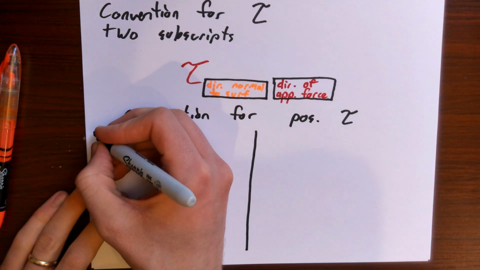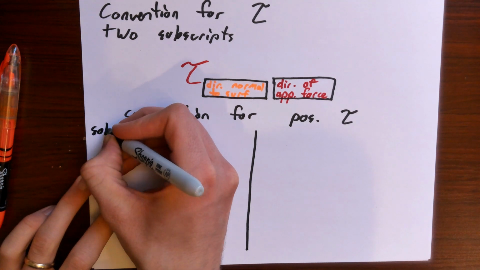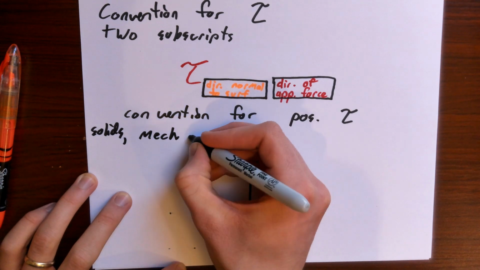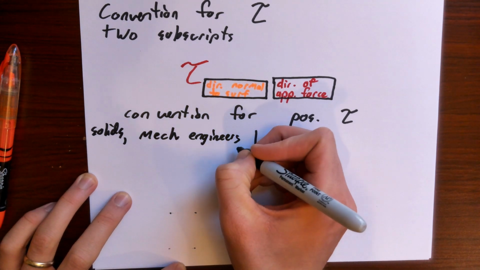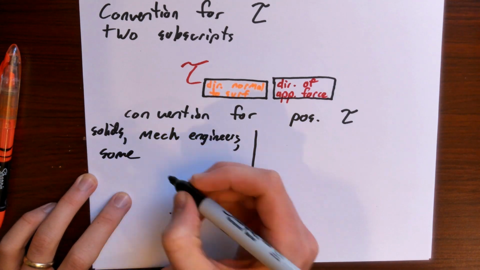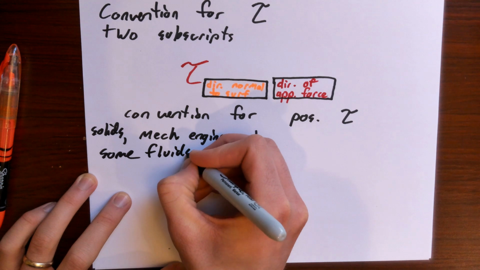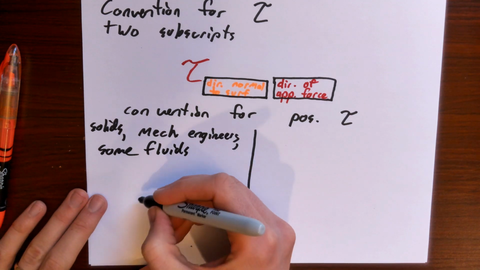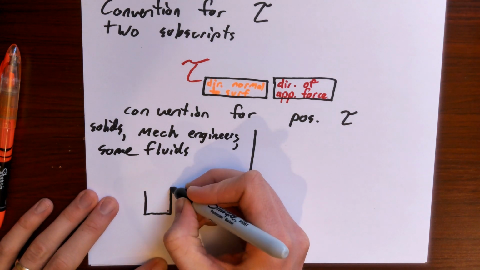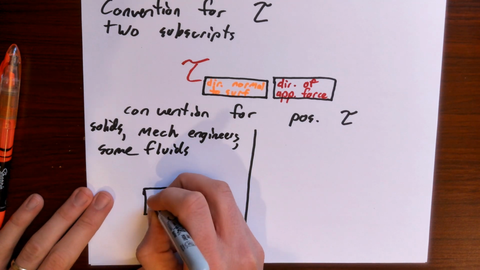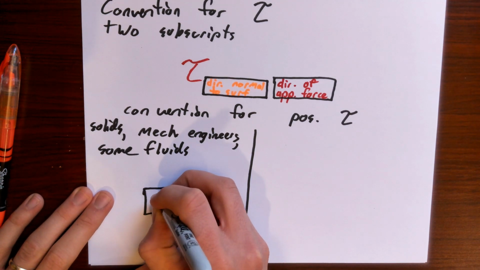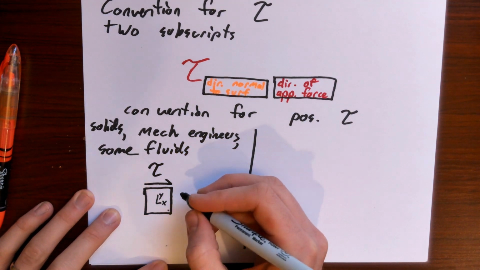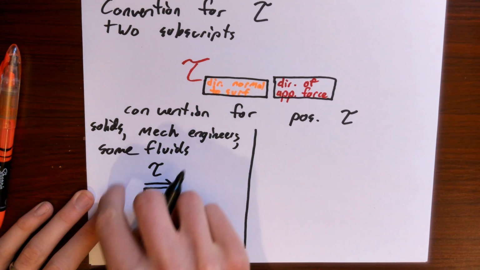So for people who work with solids, and oftentimes these are mechanical engineers, and some people who work with fluids, the positive convention for shear stress is this: if I had a chunk of material right here, and let's say I had x and y axes like this, positive shear stress is defined to be this way, right?